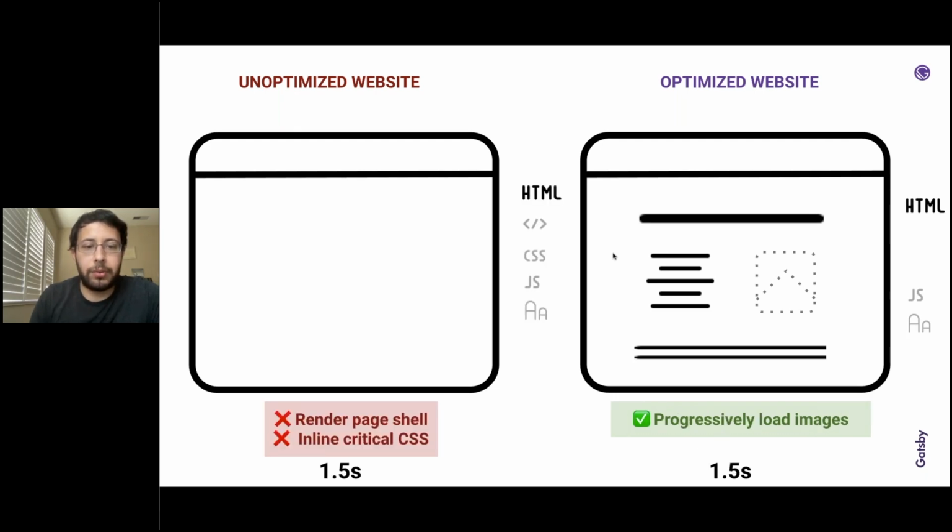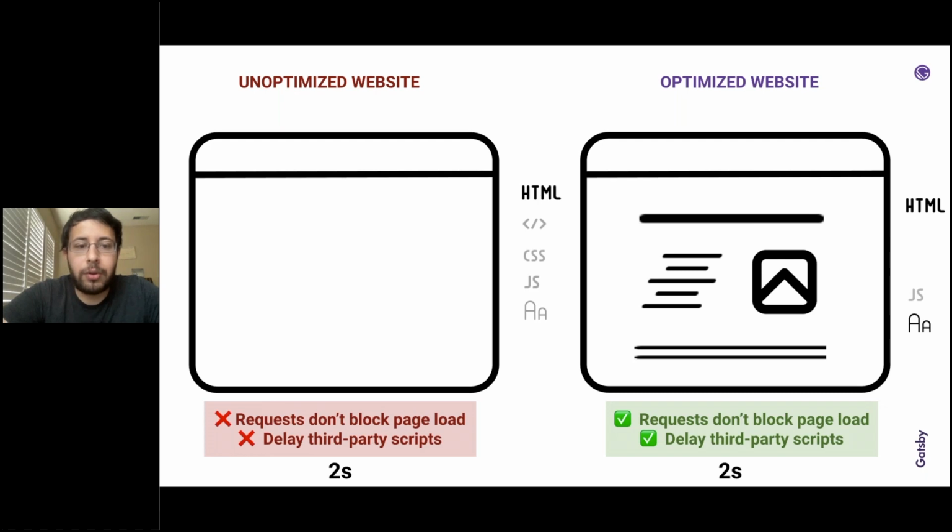We're progressively loading the images, and then at 2 seconds, requests don't block page load. Depending on the way that your requests are structured in your HTML, where they are in your head, if you're requesting font files, there are a lot of things you can do by accident where, when you do them in the HTML, the browser essentially says, oh, I can't paint this thing until I'm waiting for all of these things to come in, and that delays it significantly.